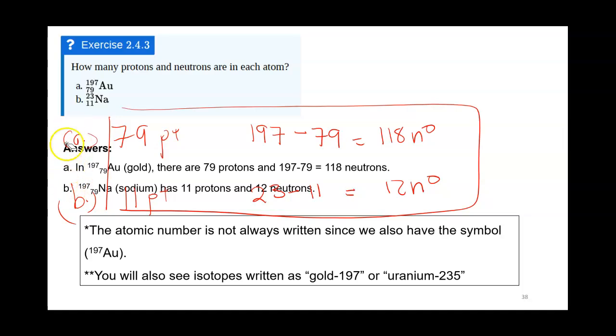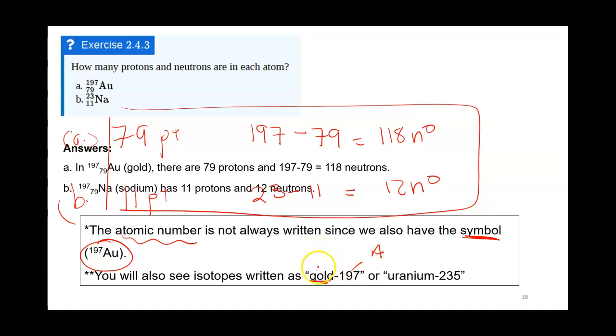Something that's worth pointing out is that the atomic number is not always written, because as we have the symbol, we can always go ahead and get the atomic number from the periodic table. So you can see in this example, they've dropped the atomic number. You also will see isotopes written as the name of the element, hyphen, then the mass number.